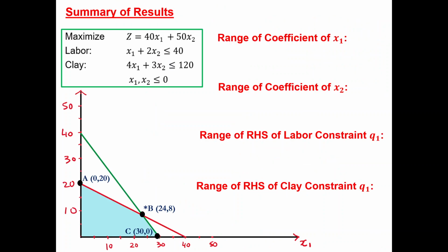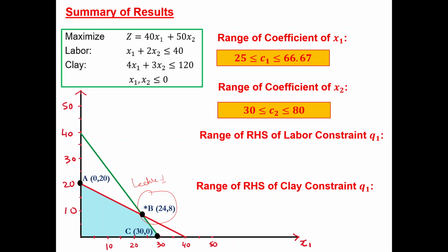So summarizing the results, in the very first video we found this point B through the graphical method. This was our lecture 1. In lecture 2 we found the range of coefficients of x1 graphically, and the range of coefficients of x2.